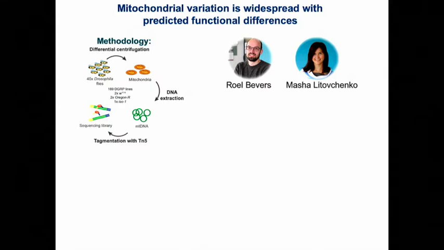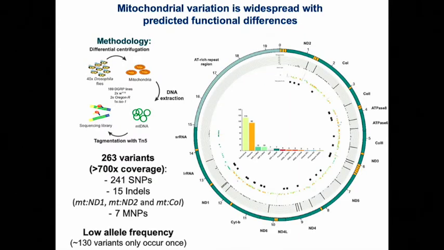And if my slide will move forward, it's sort of stuck, not sure why, but this is a summary of what we discovered. In total, we detected 263 variants in the mitochondrial genome.